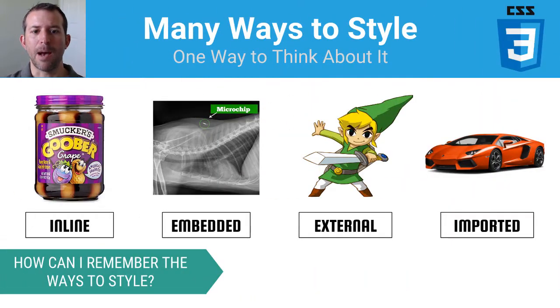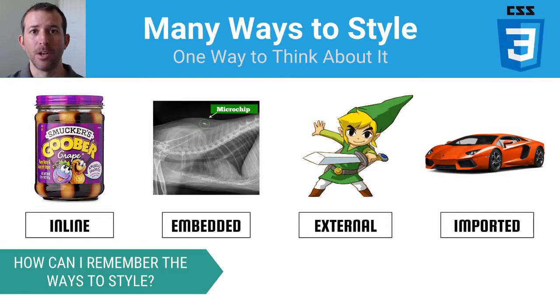So let's recap. Inline. This is when HTML and CSS is mixed together. This is when the style attribute is used to style an individual element on the page. Embedded is when we take our CSS rules and we place them all within a style element somewhere on the page. External is when we take our CSS rules, write them into a separate file, normally with a .css extension, and then link them normally inside the head of the web page which we want to include them in.